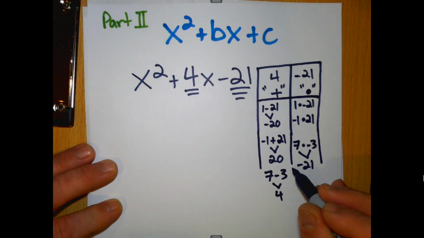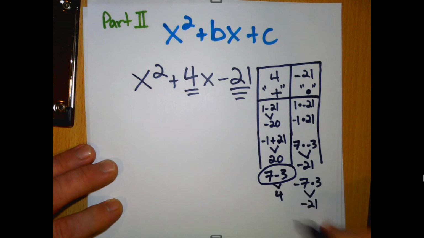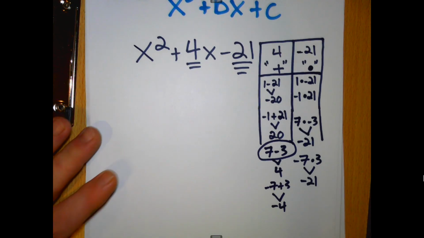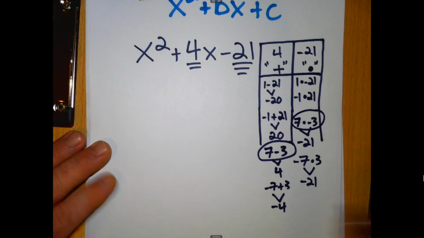The factors are 7 and negative 3. You could also try negative 7 times positive 3, because that's also negative 21, and negative 7 plus 3 is actually negative 4. But we found our winner: 7 and negative 3.